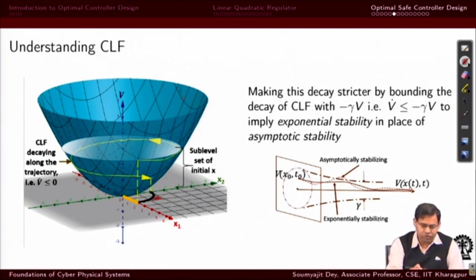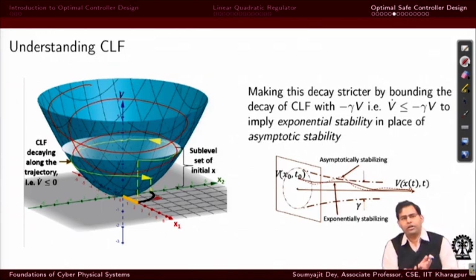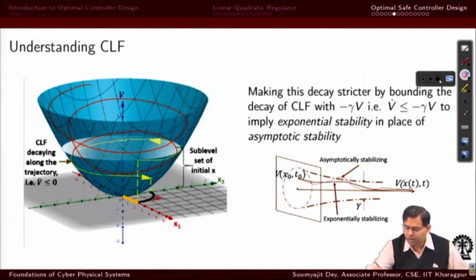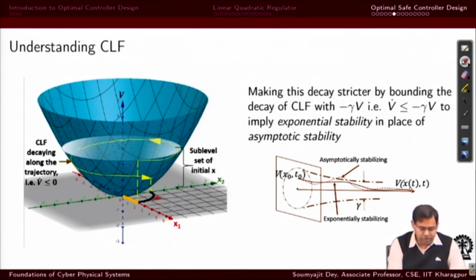Why like this? It is always positive, right? I am allowing the system to move on the surface of this blue shape, like an inverted igloo, let's say, or a cup. What we are ensuring is that the system's trajectory is always on this surface.